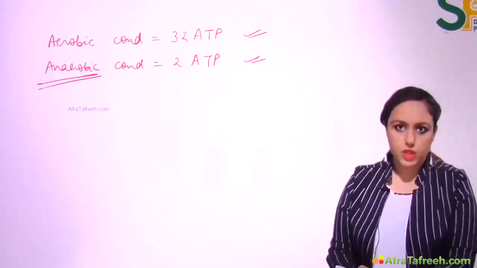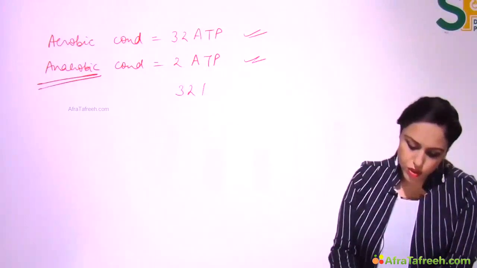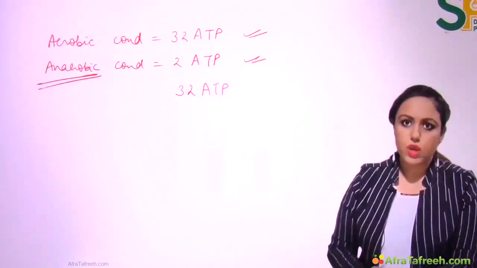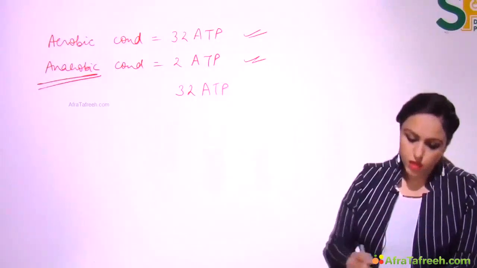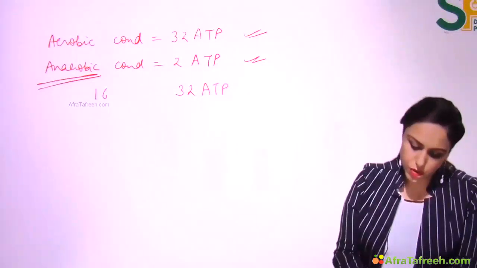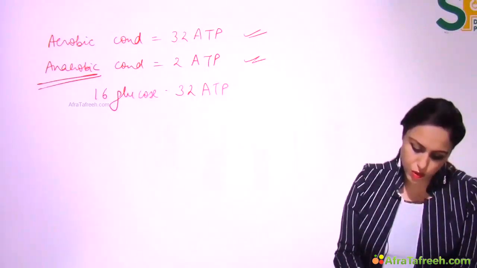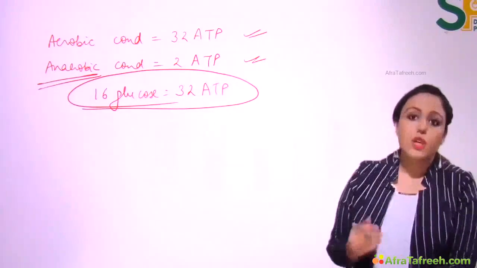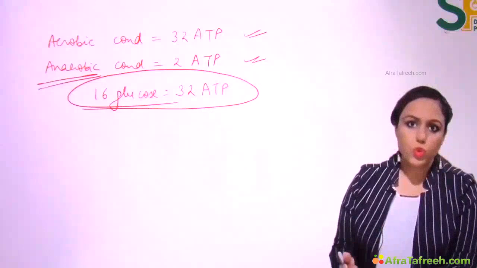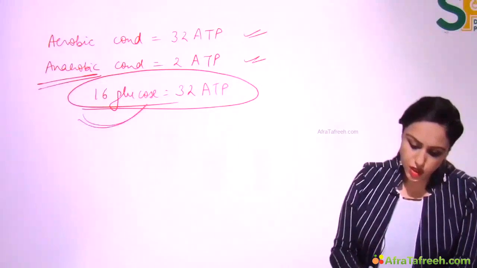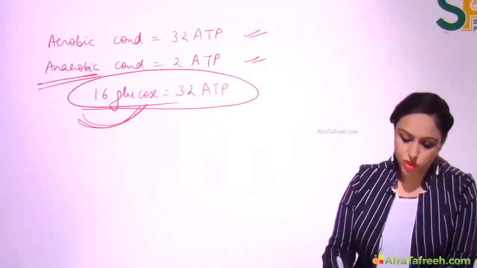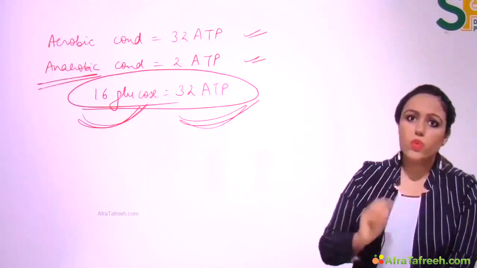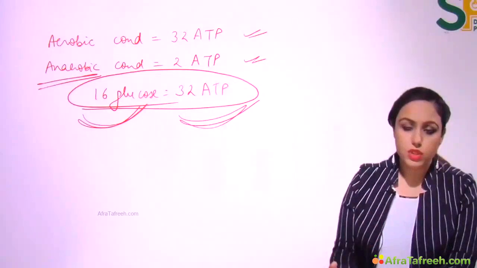Suppose it is anaerobic condition and I want 32 ATPs. Then how many glucose do I have to use? Because 1 glucose gives 2 ATP, for making 32 ATPs I have to use 16 glucose molecules. So can you see wasting of glucose is occurring, because 16 glucose molecules will be wasted to give 32 ATPs, which can be obtained by only 1 glucose if it is aerobic condition.